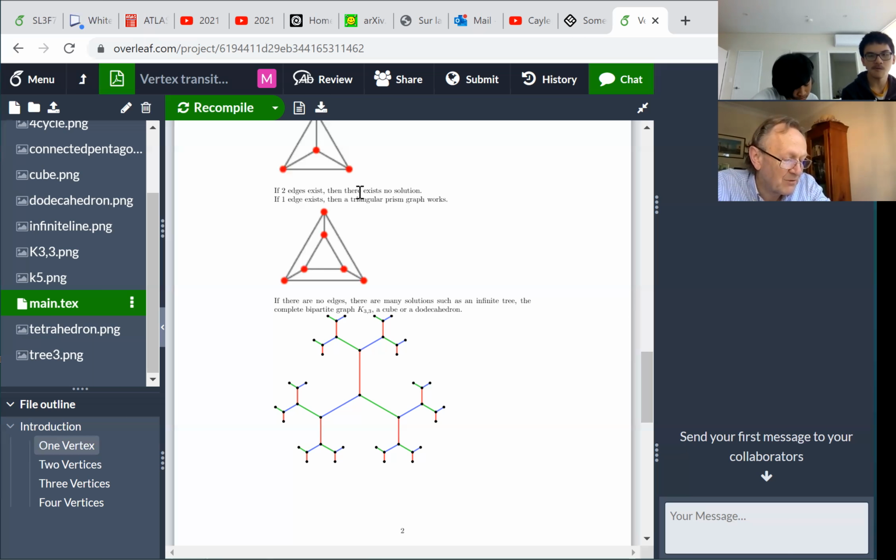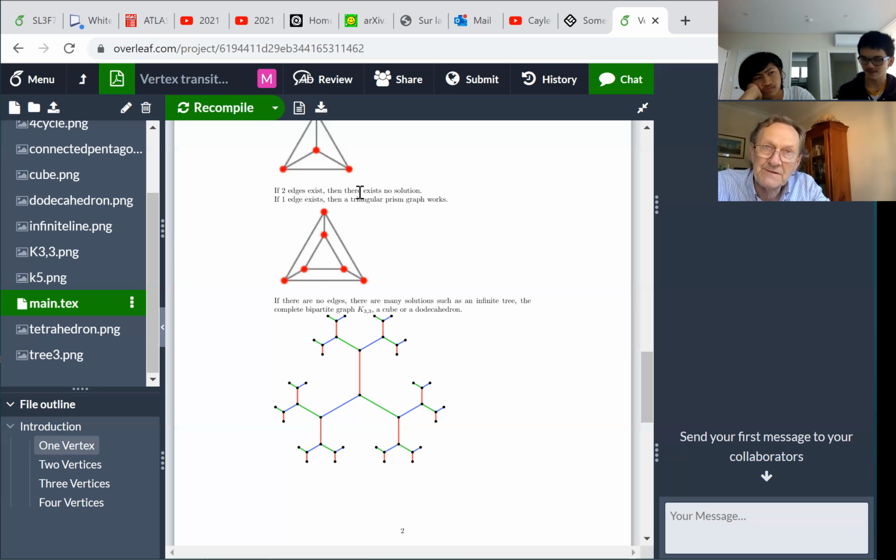And one thing he had was bipartite graphs. Do you know about bipartite graphs? Yeah. He was able to show that many bipartite graphs cannot be the sphere in a vertex transitive graph.